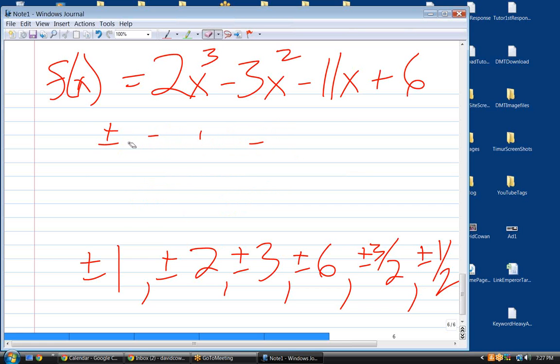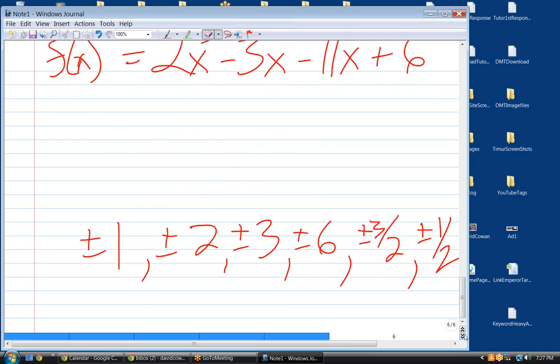So now we have to try them. Let's list our coefficients across the top. What should we do? Should we plug it in to see if it's a solution, or should we synthetically divide or substitute?